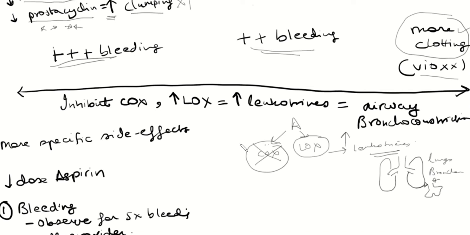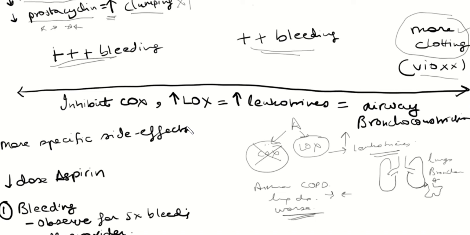So if they have asthma, COPD, or another inflammatory lung disease where they're already having small bronchi, it's going to make it worse. And so you're going to hear about aspirin and ibuprofen and some of these drugs being used with caution in people with asthma. And now you know why.